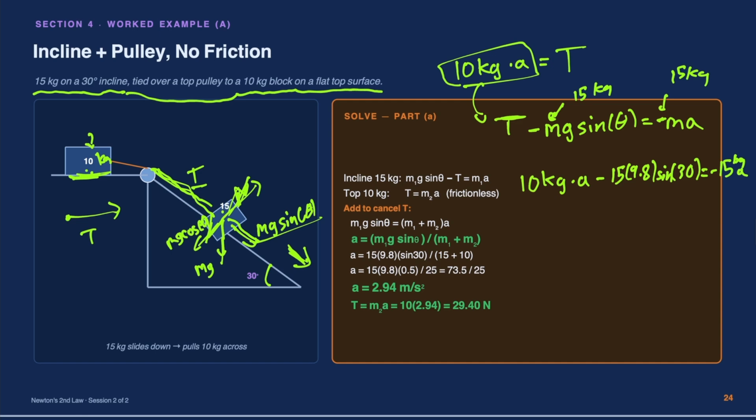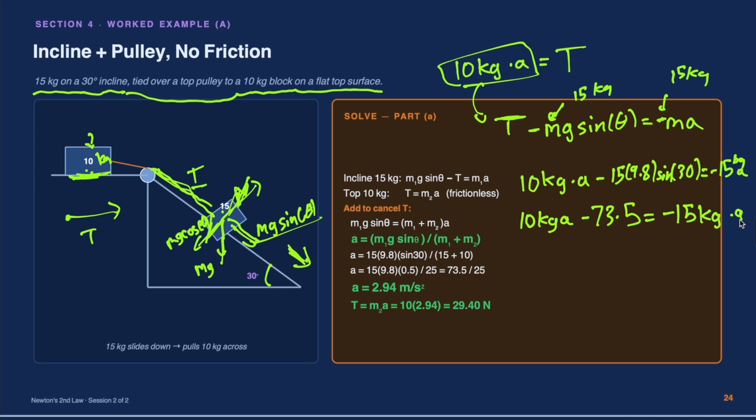So 10 kg a, and then let's see what this mess adds up to. Minus 15 times 9.8 times sine of 30. Okay, that's negative 73.5, is equal to negative 15 kgs times a.